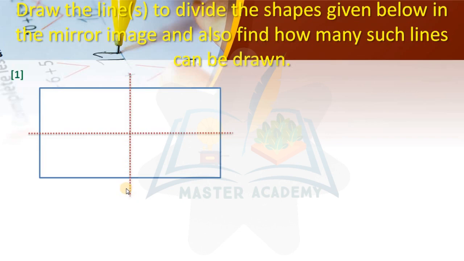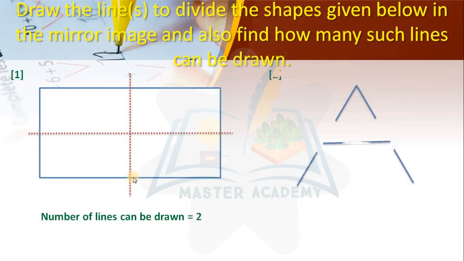There are two lines of symmetry in the rectangle. Okay. So look at this, the number of lines that can be drawn is equal to 2. To draw a mirror image, there are a total of 2 lines of symmetry. Clear? Now we will move on to the second figure.